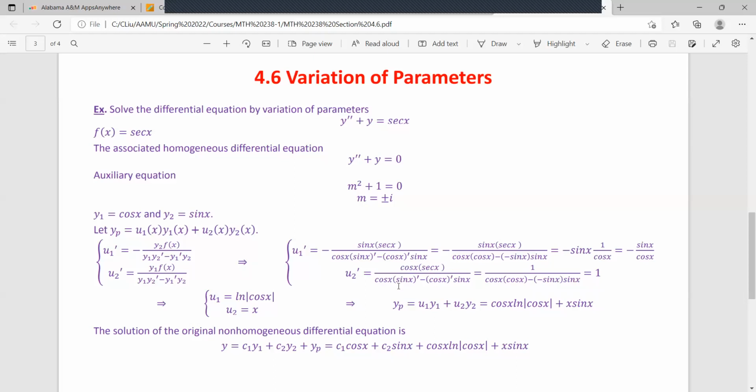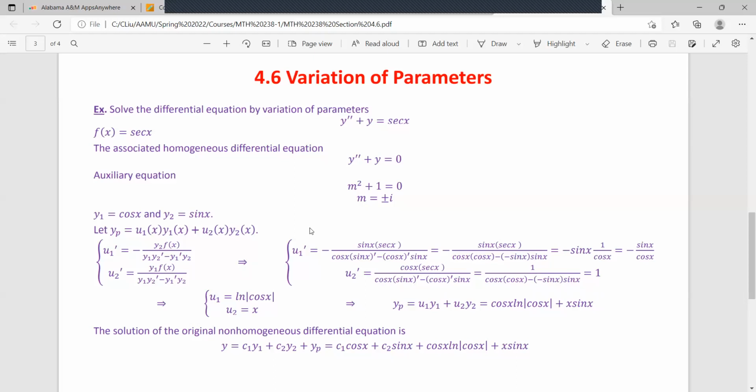Again, the denominator is cosine x times cosine x minus negative sine x times sine x as before. That's just cosine x squared plus sine x squared, which is 1. At the same time, cosine x times secant x is just 1, because secant x is 1 over cosine x. So the whole thing is just 1 over 1, which is 1. So u2 prime is 1.